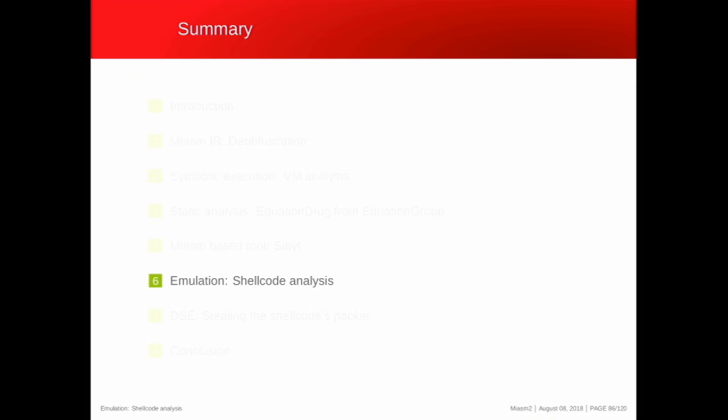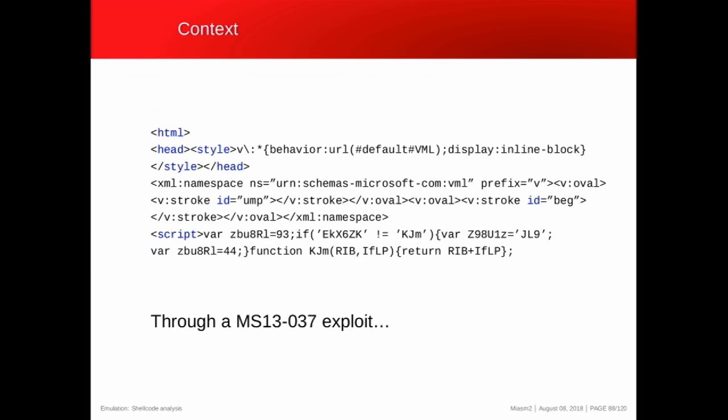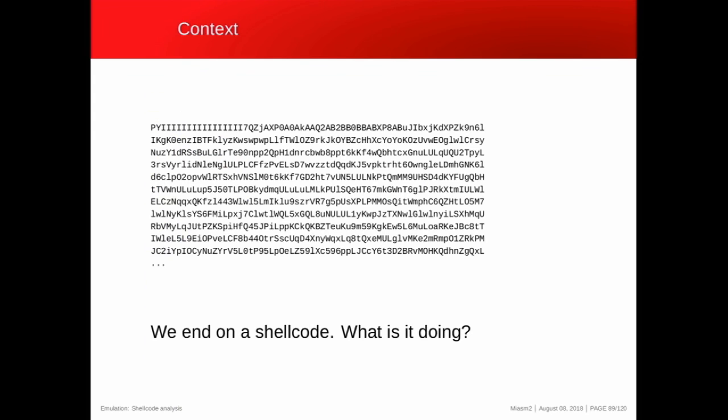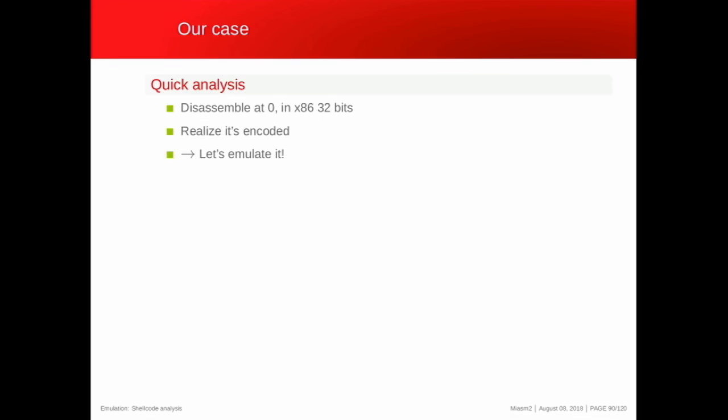So we have seen the emulation as a tiny emulation with just the code and the stack, but we can do more. So for instance, if you are analyzing a shellcode which comes from an Angler exploit kit, this is the landing page, you get through the exploit, then you get the shellcode, you want to analyze it, so you disassemble it, you realize it's encoded, and we can say, okay, we just emulate it to let it decode itself and get back the information.